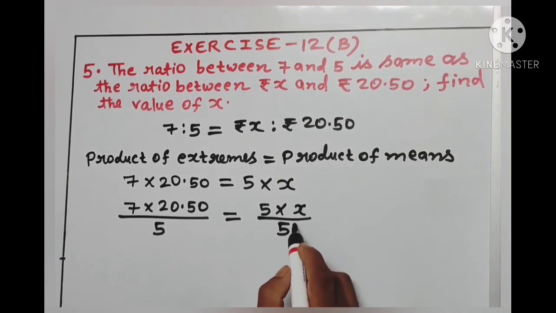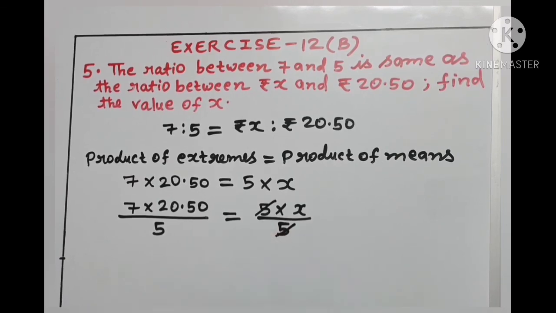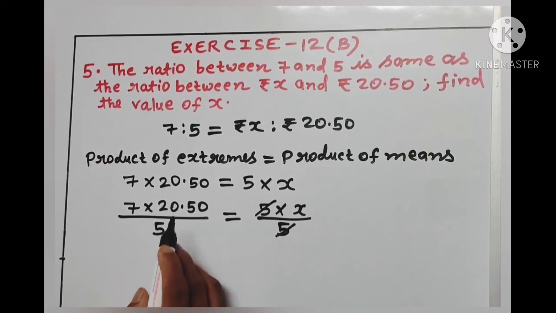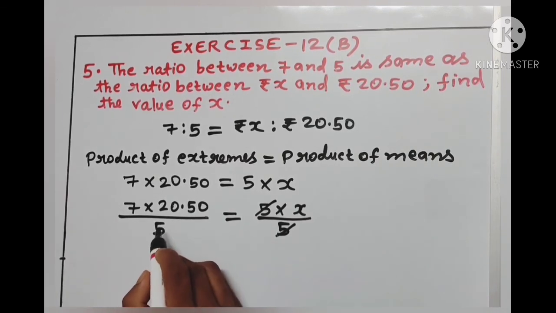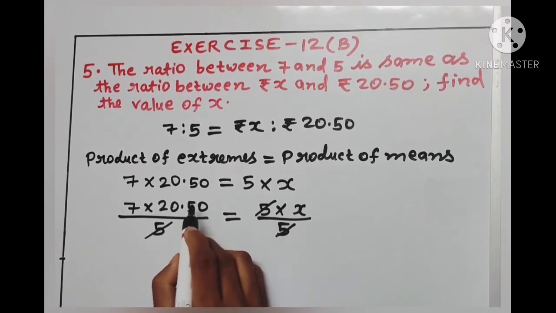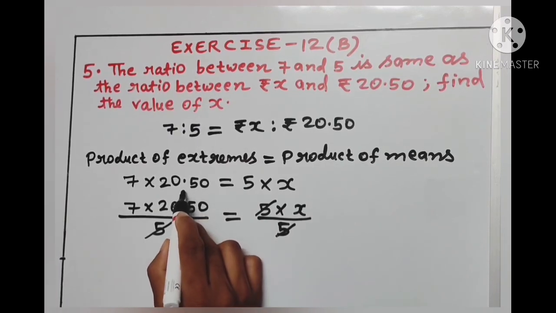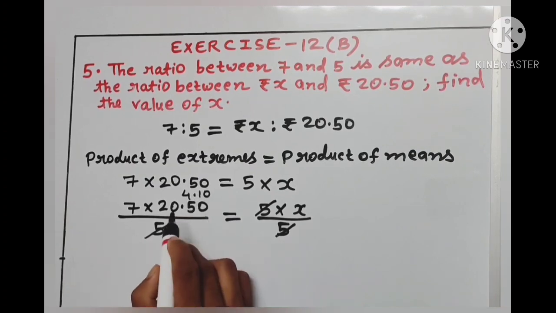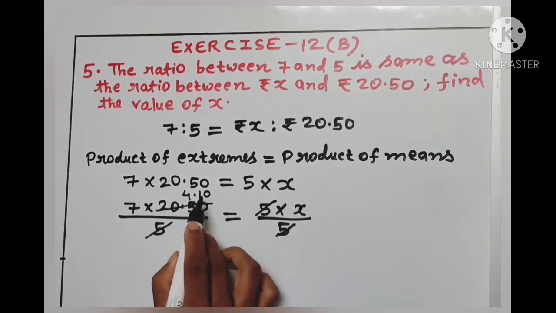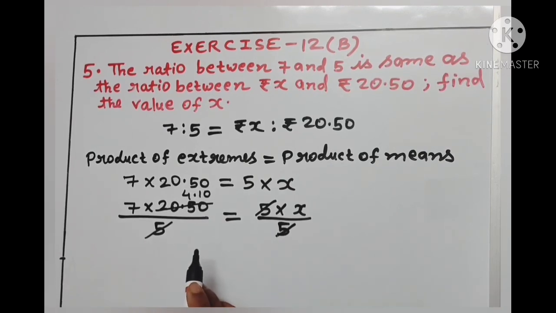So here this 5 and this 5 will be cancelled, and on the left hand side when you divide this 20.50 by 5, you will get the result 4.10. Okay, 4.10.